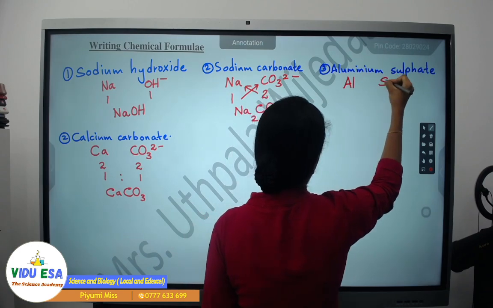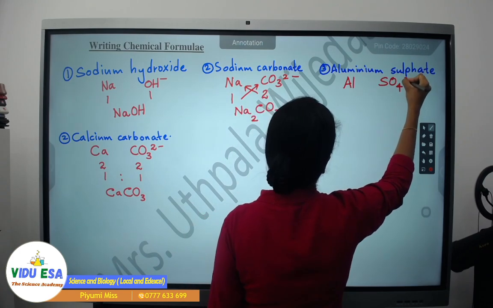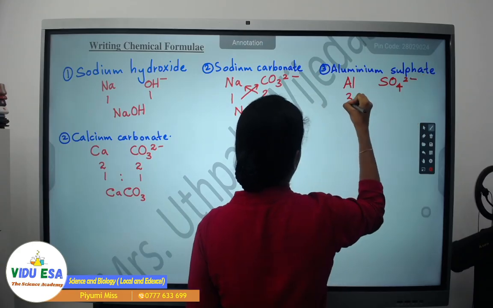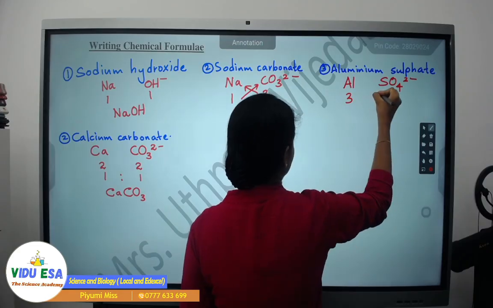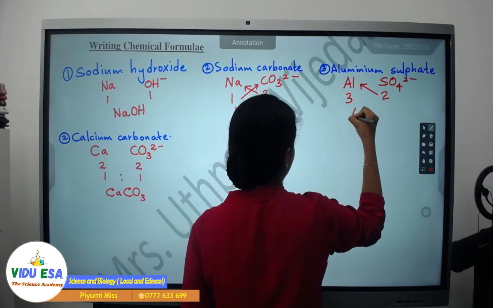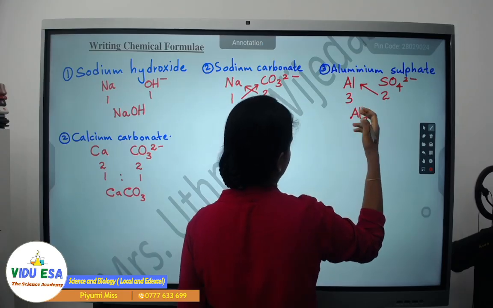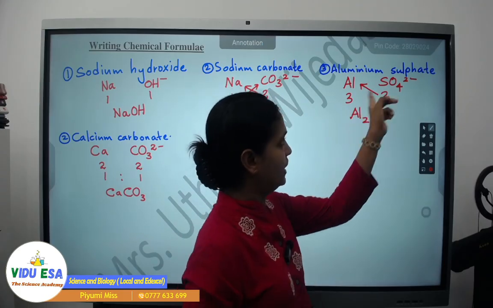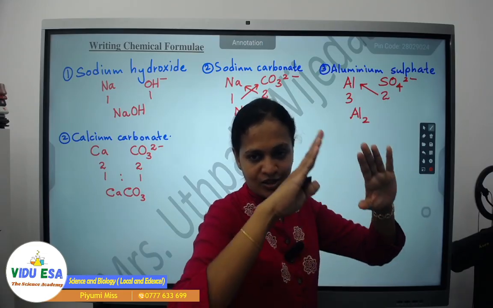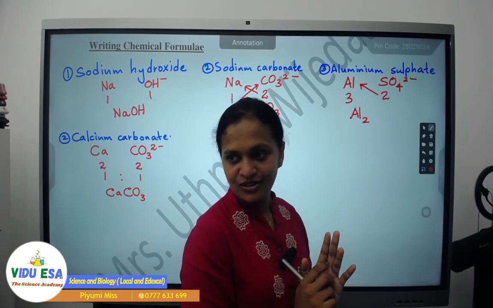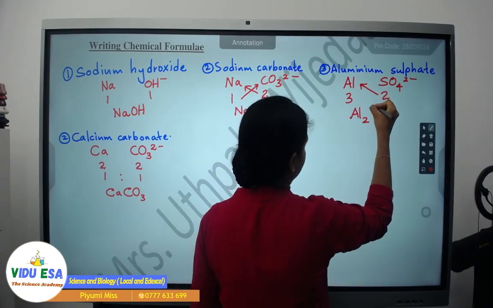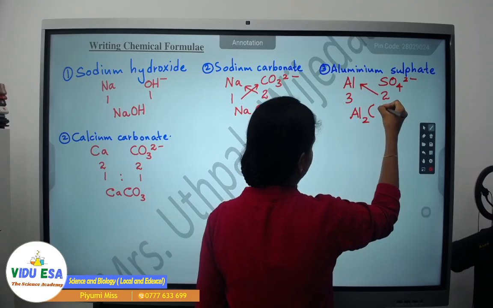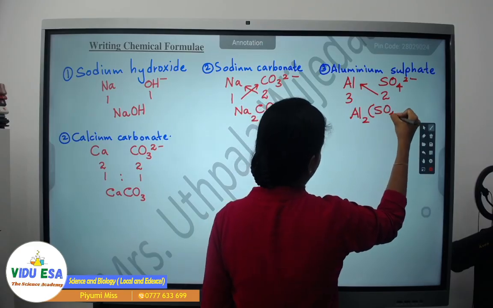Aluminium and sulfate, SO4 2 minus. Aluminium valency 3, sulfate valency 2, so this 2 belongs to aluminium, Al2. This 3 belongs to the sulfate radical, the whole radical. So we have to put a bracket and write SO4 inside.